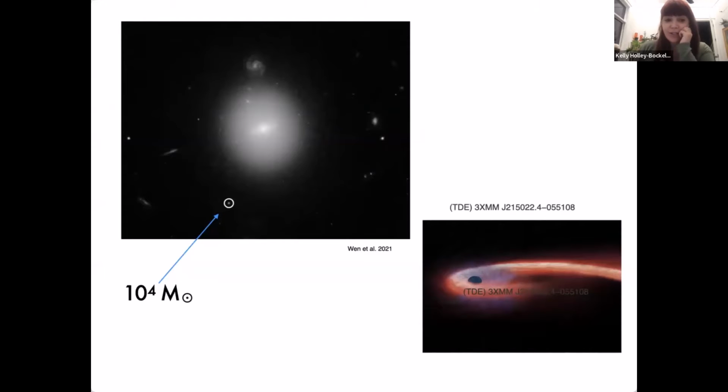And same thing for this galaxy. This little tiny satellite shone brightly in X-rays because of a tidal disruption event. Here's an artist's rendition of that tidal disruption event, and it allowed us to estimate what the mass of that black hole is. And it's even lower mass, again, in the Milky Way regime.